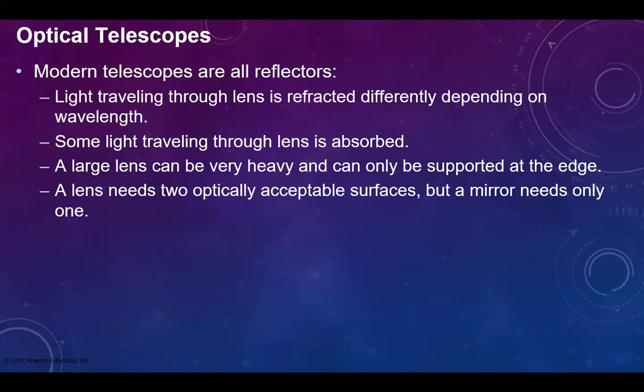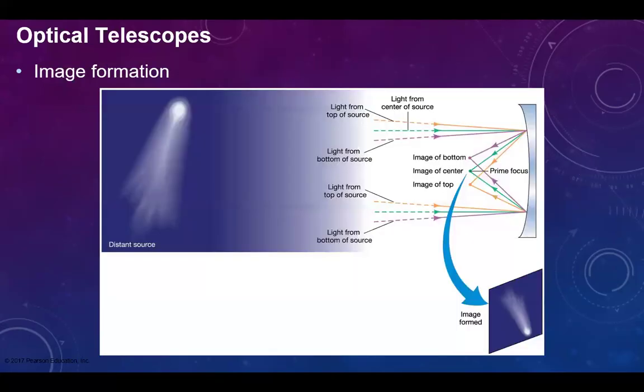Now, it's not that we don't make big lenses and still use them in telescopes, but they're not the primary thing. They tend to be at the end, after the mirror. So often you have a mirror, another mirror, and then maybe a lens at the end at the eyepiece position. So this is sort of an idea of how an image will form.